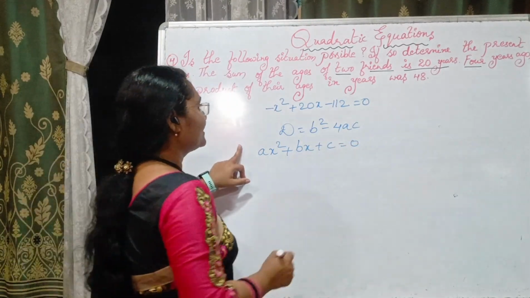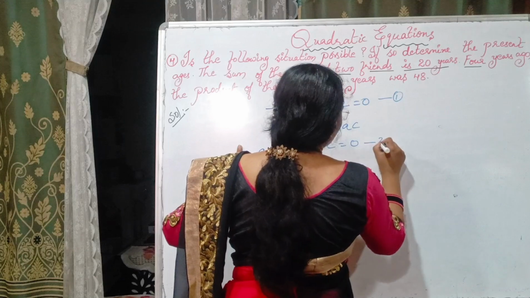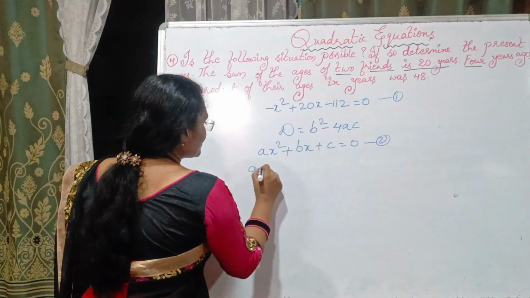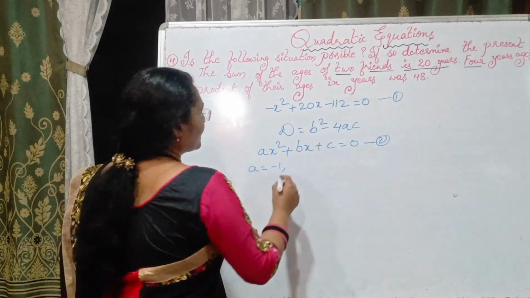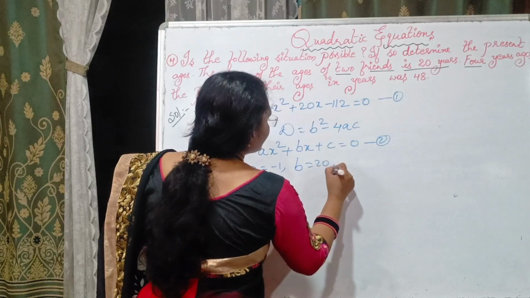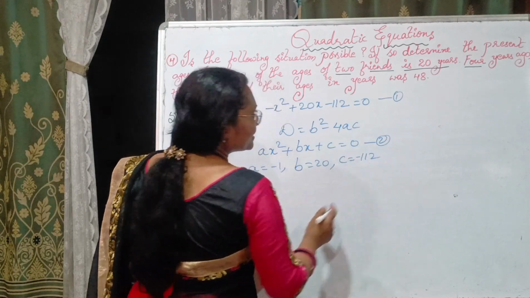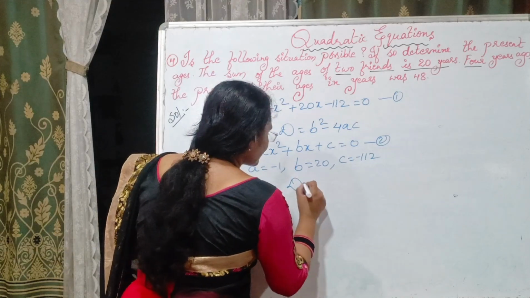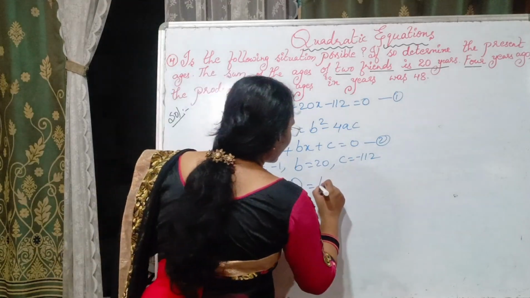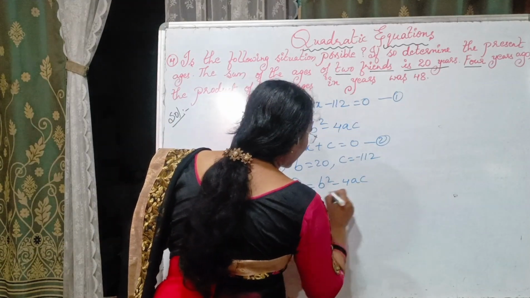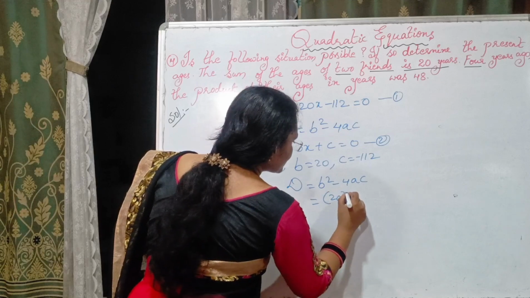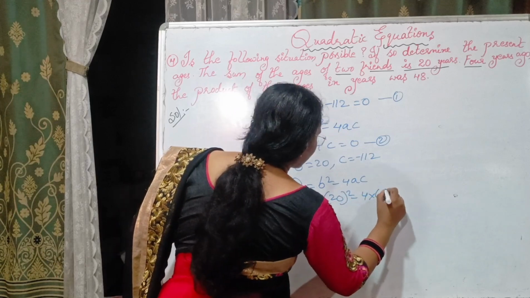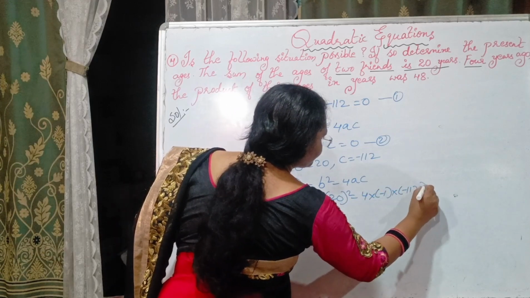When we compare equation 1 with equation 2, we get a is equal to minus 1, b is equal to 20, c is equal to minus 112. So let us see what the discriminant is. b square minus 4ac, substituting the values: 20 the whole square minus 4 into minus 1 into minus 112.